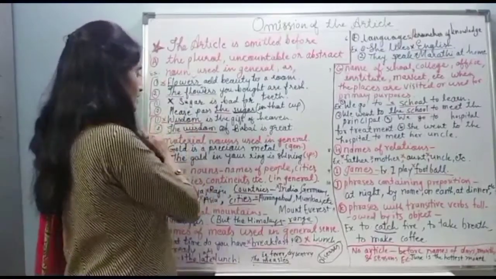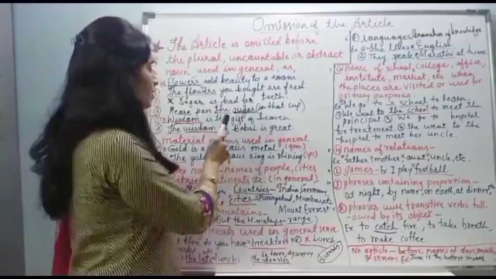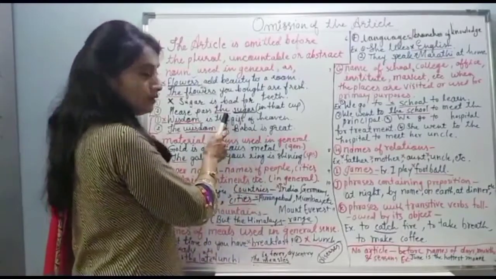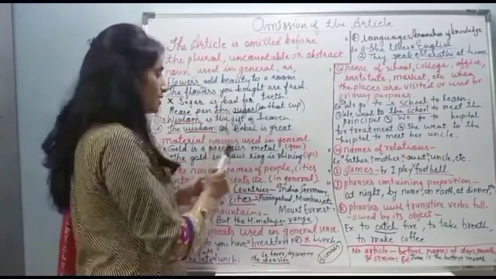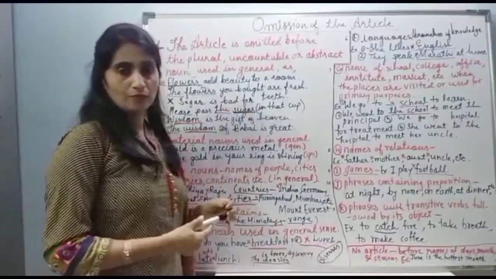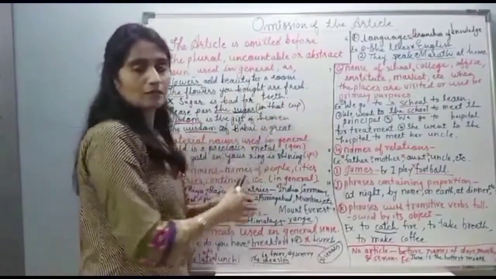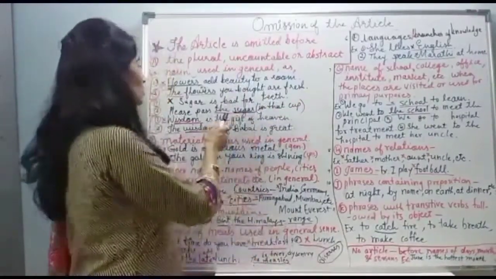But second sentence, please pass the sugar. Here we have made use of the article the. Why is it so? Because we are talking about particular sugar, the sugar which is there in that cup. And so, the sugar.